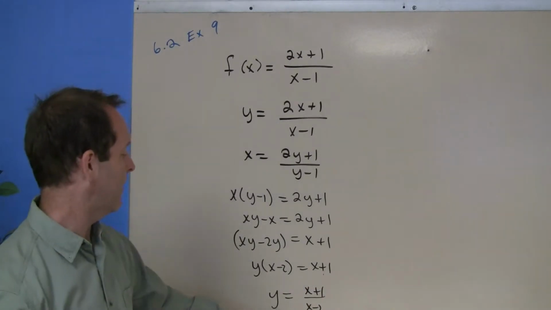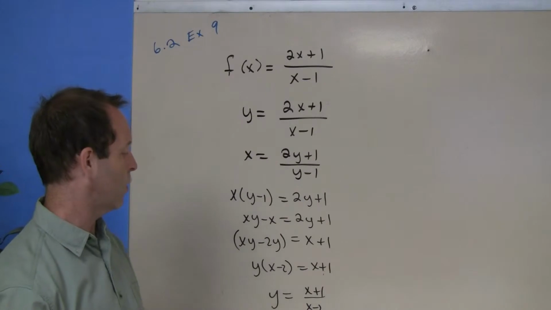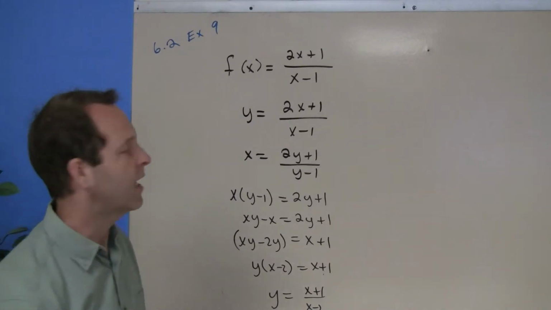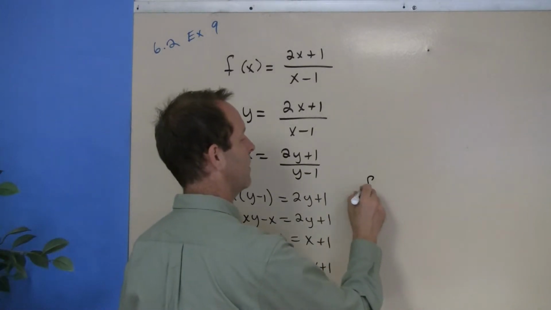So I discovered now that my inverse function is y equals (x plus 1) over (x minus 2), and I'm just going to put it in inverse function notation.